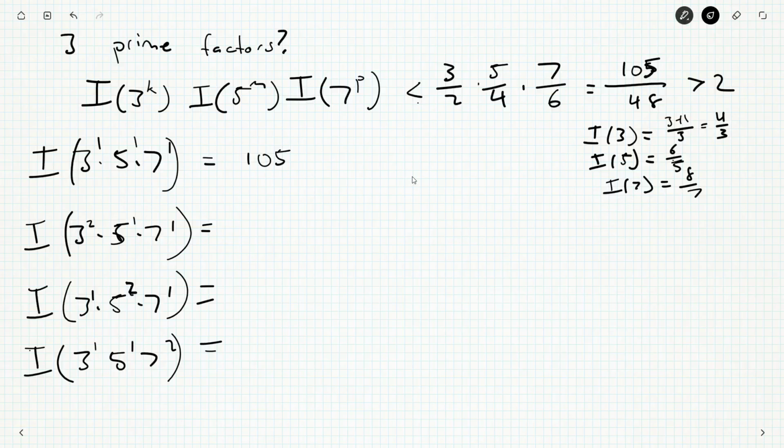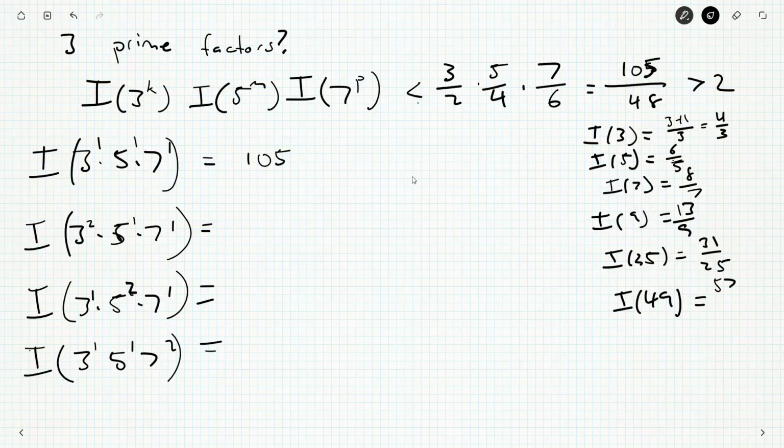So I of 9 is 13 over 9. I of 25 is going to be add 25 to this. So that's 31 over 25. And I of 49 will be 57 over 49. Okay, so let's take some products here.